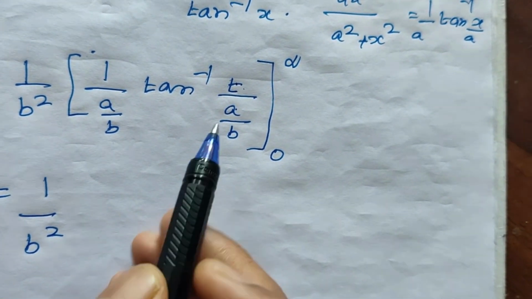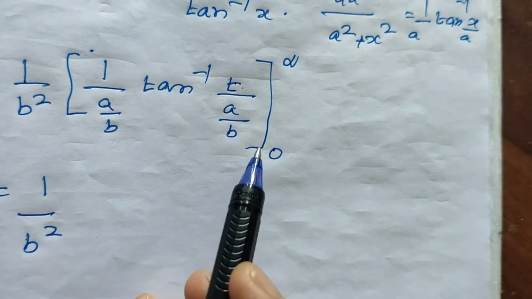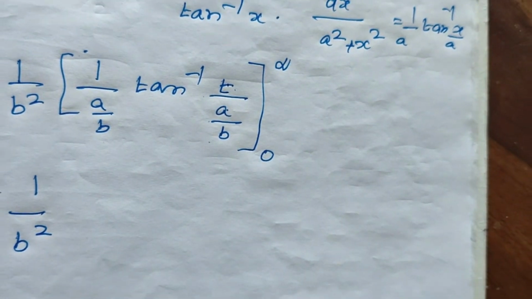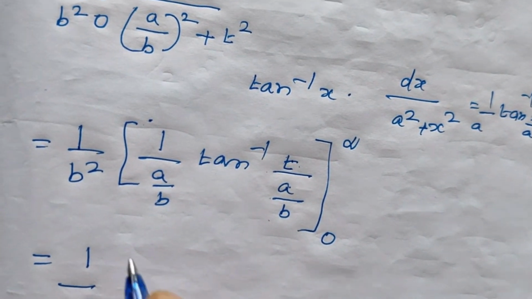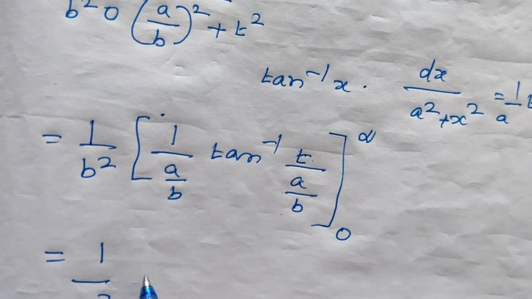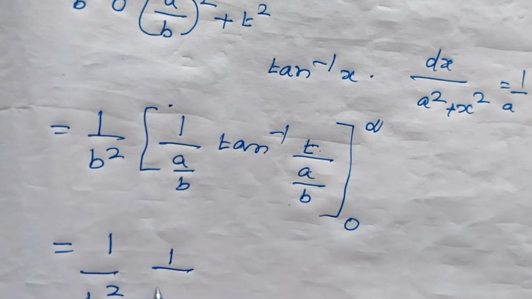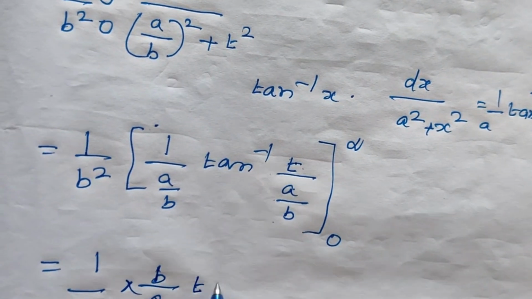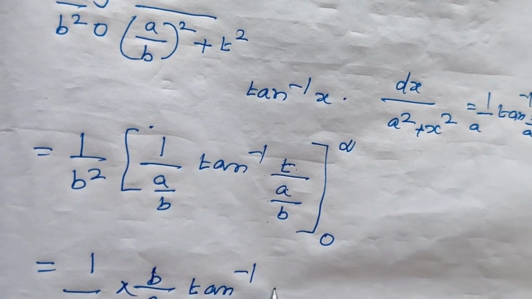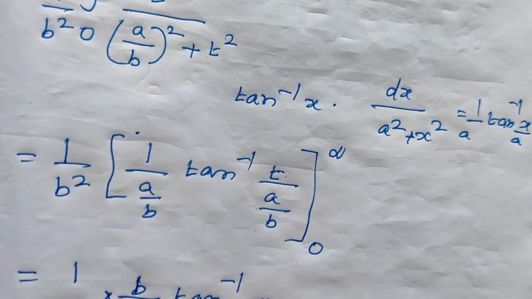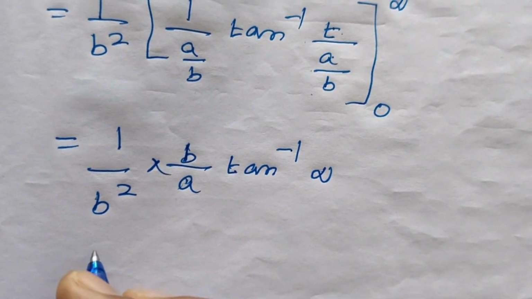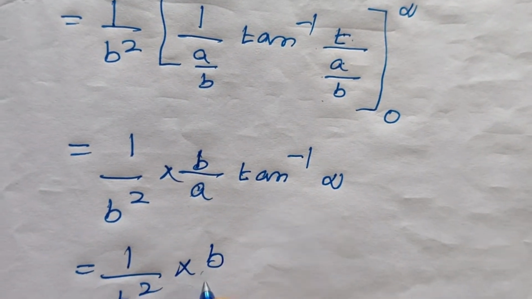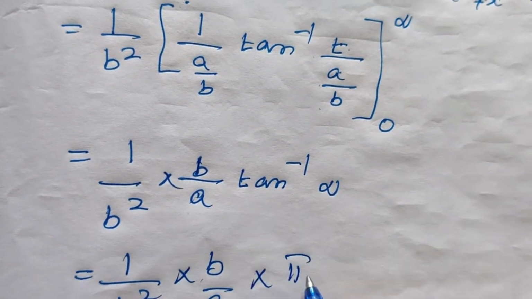Tan inverse infinity by a by b. Here 1 by a by b is b by a, so b by a tan inverse infinity minus tan inverse 0. Tan inverse infinity equals pi by 2. So 1 by b square into b by a into pi by 2.